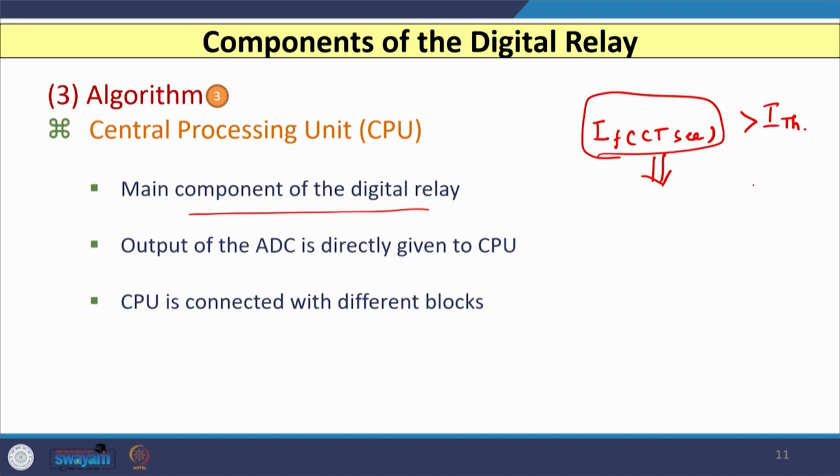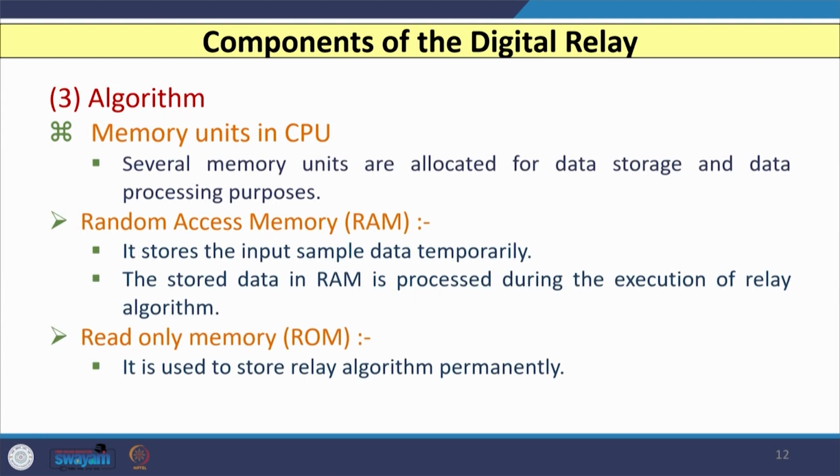If we want to write such an algorithm, then it has to be loaded in the central processing unit. The output of the ADC is also given directly to the central processing unit, and the CPU is further connected to different blocks of the digital or numerical relay.